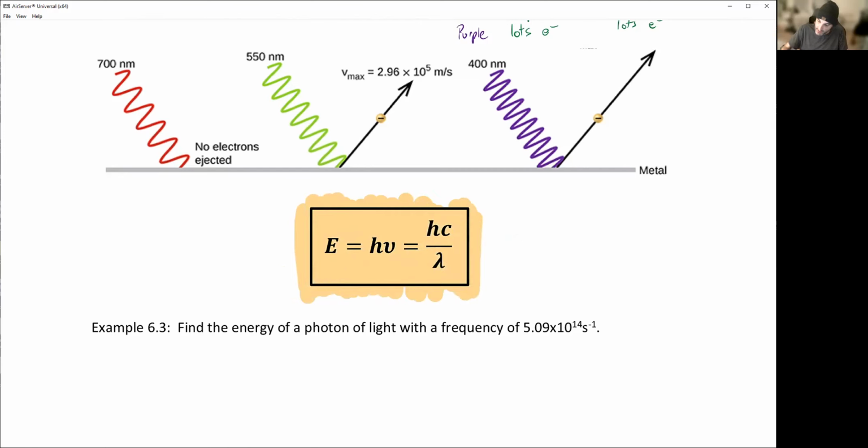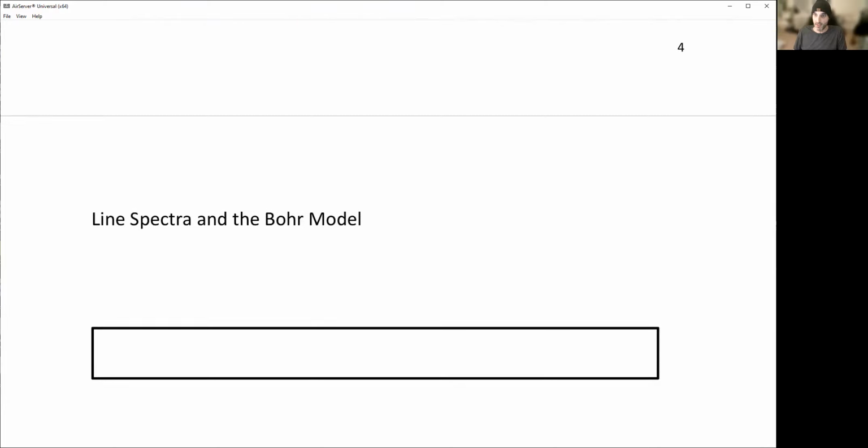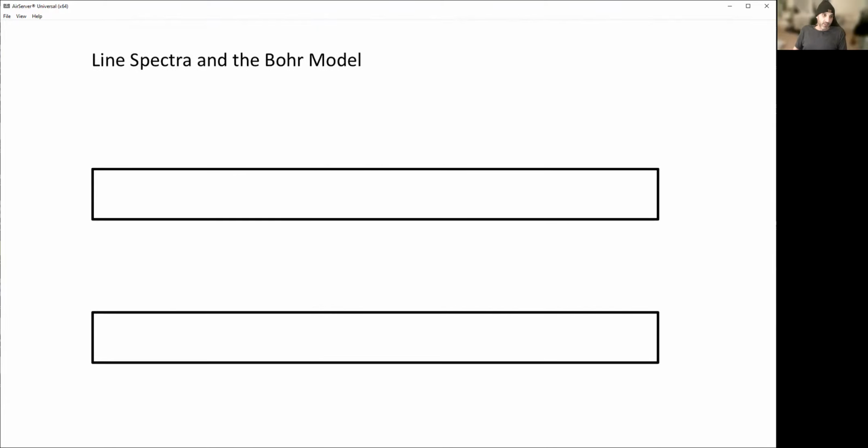So the energy is associated with the frequency. With that said, find the energy of a photon with that frequency and find the energy of this photon with that wavelength. Make sure your units line up. We'll do these together. So that brings us to the last idea, the line spectra in the Bohr model.